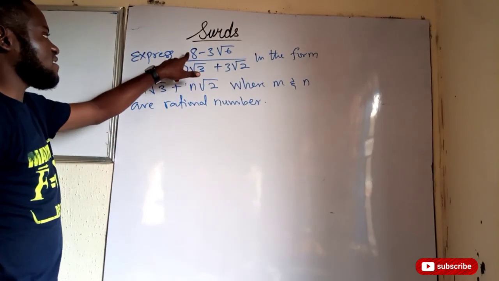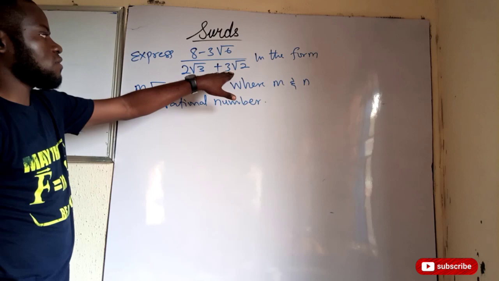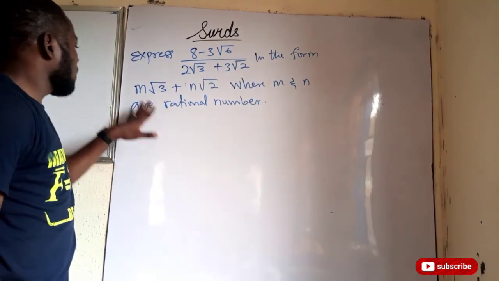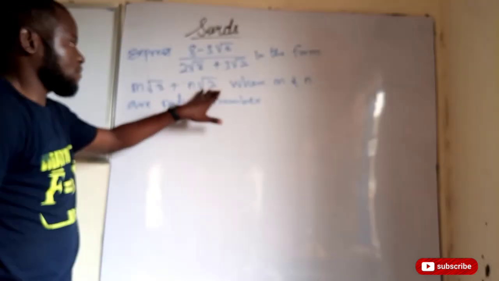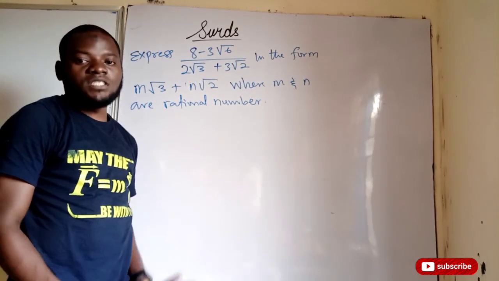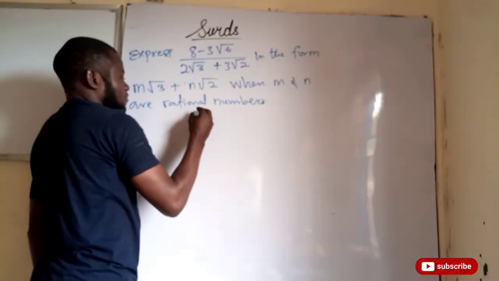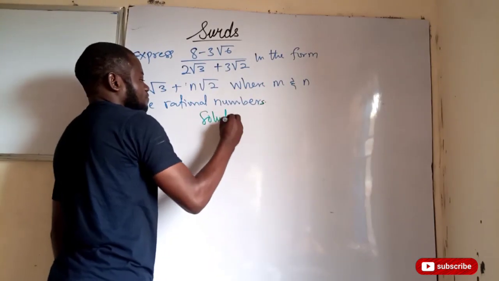We are asked to express 8 minus 3 root 6 divided by 2 root 3 plus 3 root 2 in the form m root 3 plus n root 2, where m and n are rational numbers. Let's see the solution to that.